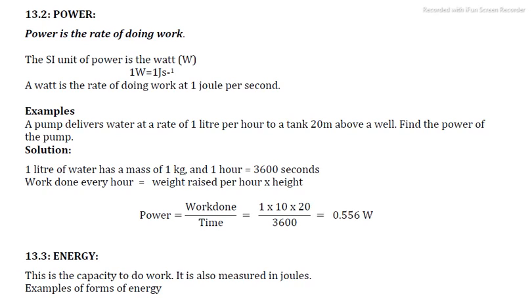Let us look at energy. We define energy as the capacity or ability to do work. And just like work, energy is also measured in joules. We go to forms of energy. We have various forms of energy, which include the following.